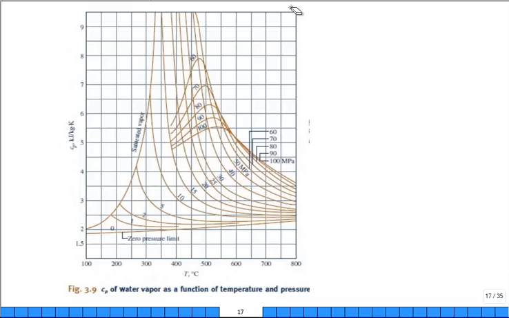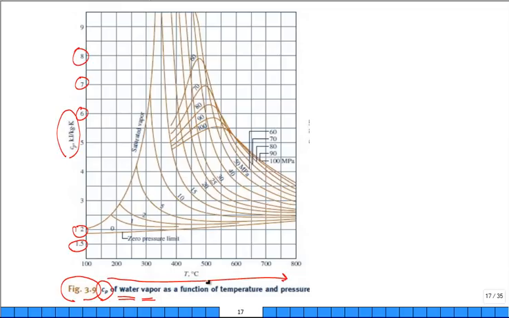All right, what you can do is take a look. There are a number of figures in the textbook that show how this new property, specific heat at constant pressure, C sub P, varies for a real substance like water in the vapor state. Notice they plot C sub P here, 1.5, 2, up to 6, 7, 8, with temperature going up, so it's hot steam.